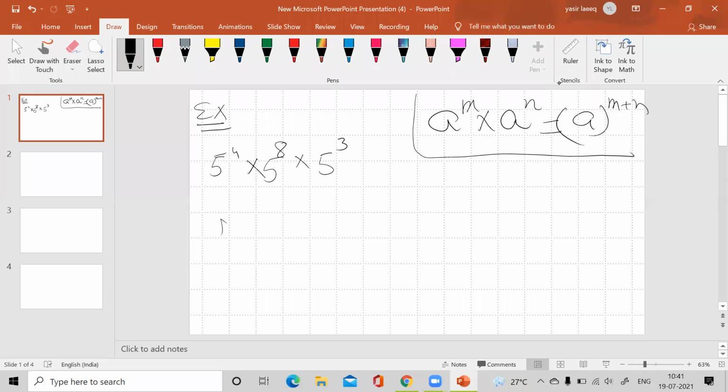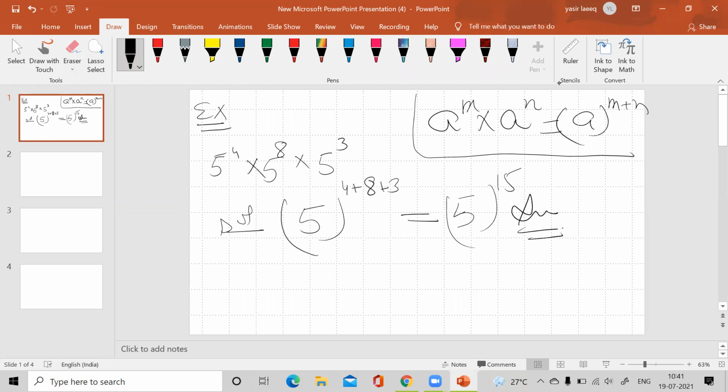So how will we write the solution? We see bases are same, so we just add the powers. 4 plus 8 plus 3, so it will be 15. 5 raised to the power 15. So this way you can do it.